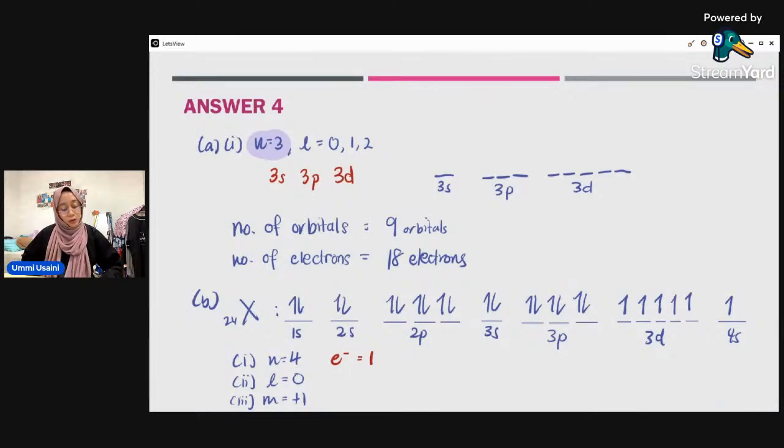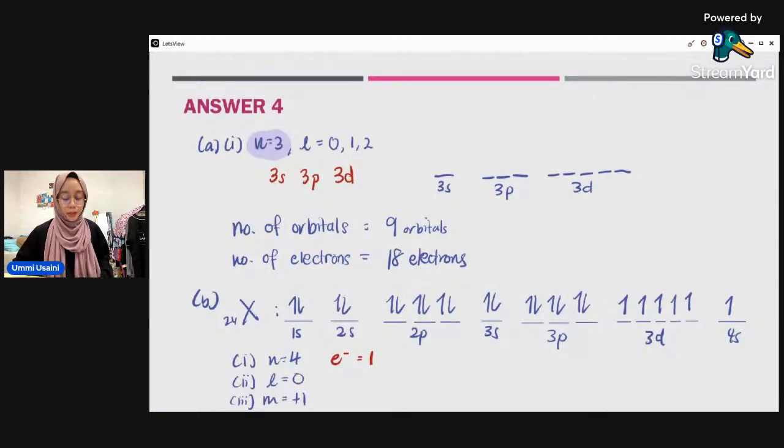Then let's have a look at l equals to 0. What can you identify when it mentions l equals to 0, class? l equals to 0 means which orbital do we need to focus on now? You only focus on the s orbital. Very good.